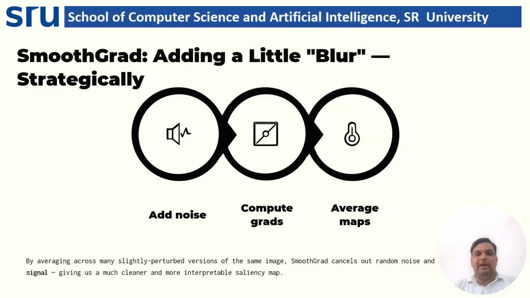Then SmoothGrad, adding a little blur strategically, by averaging across many slightly perturbed versions of the same image. So SmoothGrad cancels out random noise and signal, giving us much cleaner and more interpretable saliency maps.